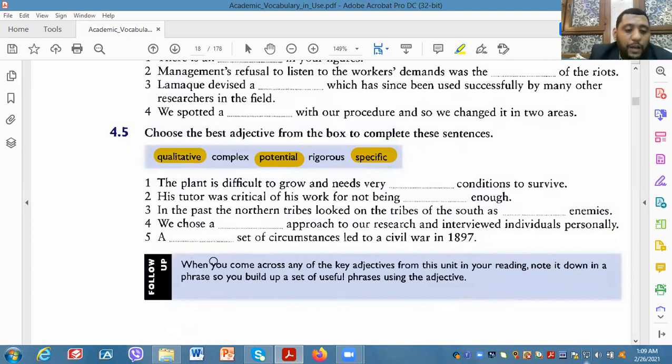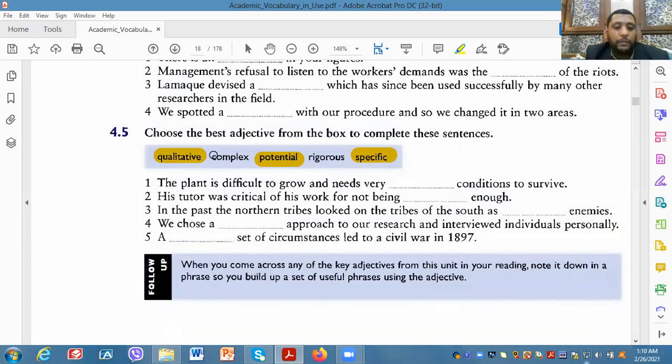The last thing that we have is number 5. A set of circumstances led to a civil war in 1897. So what do you think about this word?